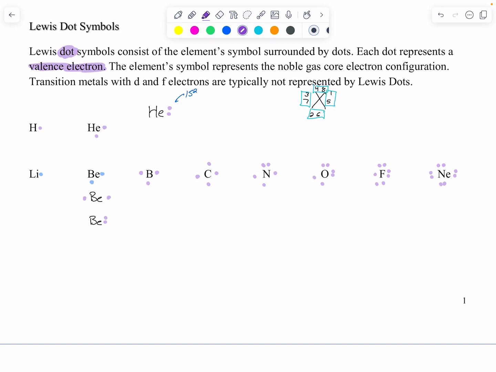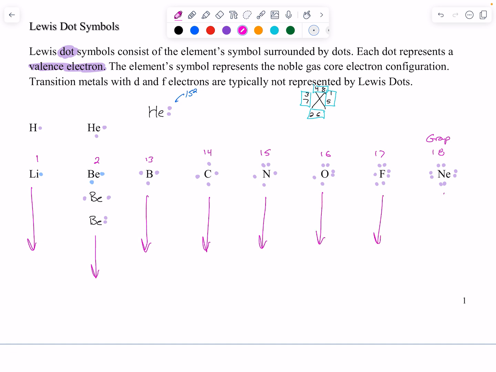And you know that this is group 1, group 2, 13, 14, 15, 16, 17, 18. Everything in the same group ends in the same electron configuration, so they all have the same dot structures.